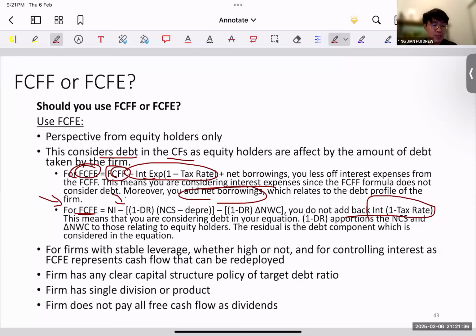So in other words, we usually use this for firms with a very clear, very stable capital structure. Maybe it can be a single division, and firms that, of course, do not pay all the cash flow as dividends, so there's some free cash flow to the equity holders.